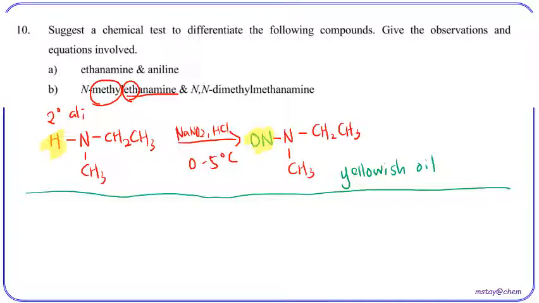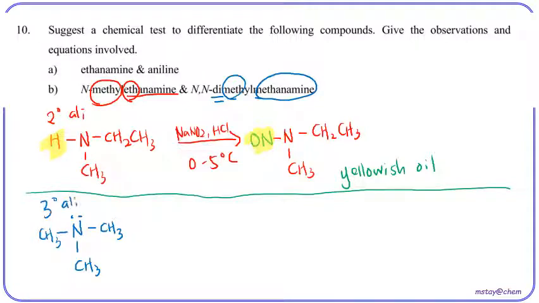Okay, then now we continue with another amine, which is N,N-dimethylmethanamine. We focus on the parent, which is an amine with 3 bonds, and the parent consists of 1 carbon. And then we still have another 2 methyl groups, and both are attached to the nitrogen. So for this, we have the idea this is a tertiary aliphatic amine.